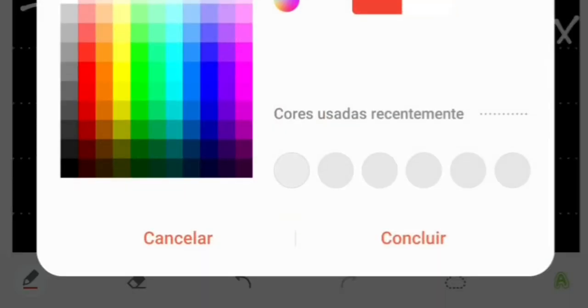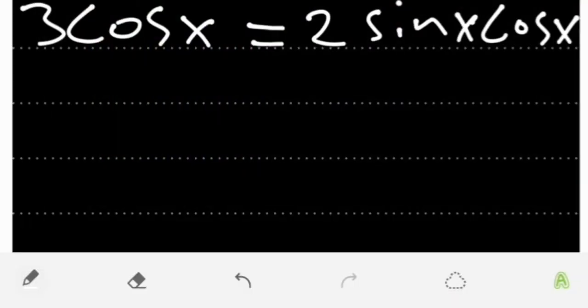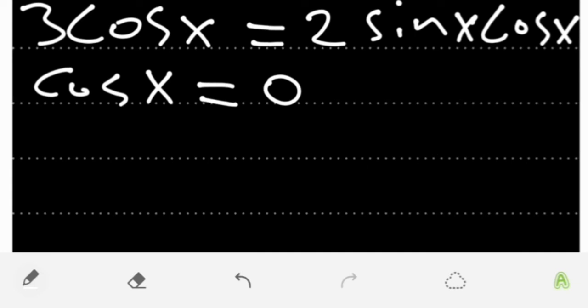Okay, so let's say first, if cosine of x is equal to 0, then this equality stands, right? If cosine of x equals 0, then 3 multiplied by cosine of x is equal to 0. And 2 sine of x, well, it's something multiplied by cosine of x, which is 0, then it is 0. So you have 0 over here equal to 0, which is true. Okay, so if cosine of x is equal to 0, this is true.